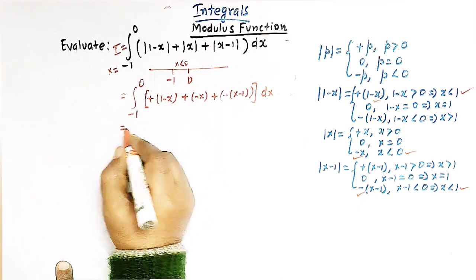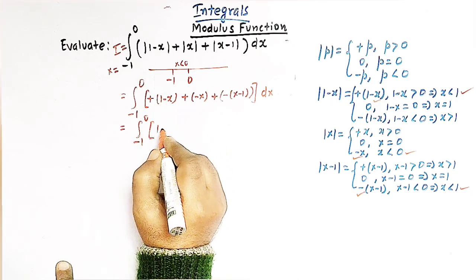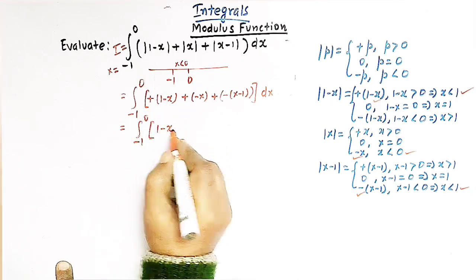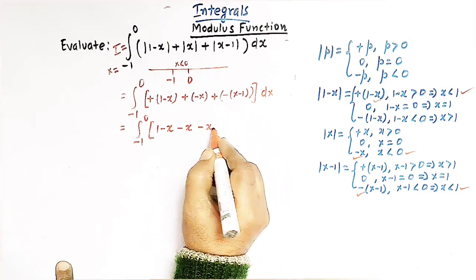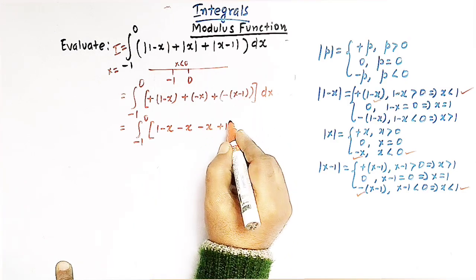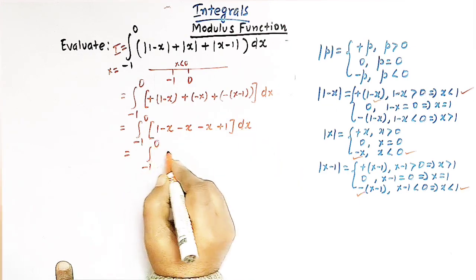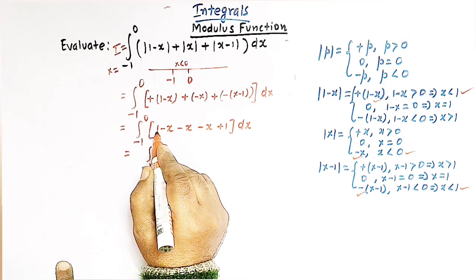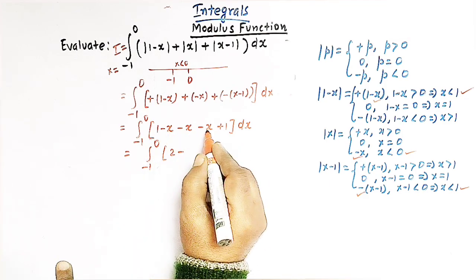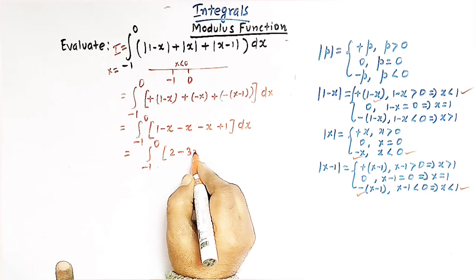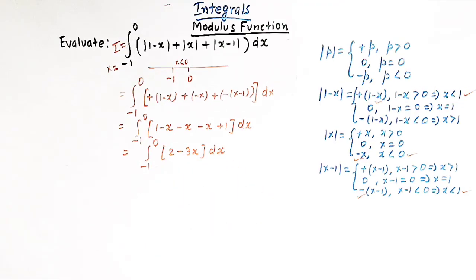So let us now simplify this expression. We have here 1 minus x, here we have negative x, and here we have minus x, and then we have plus 1. Now we can write the integral from minus 1 to 0 of 1 plus 1, which is 2, and minus x and minus x, which is minus 3x, dx.